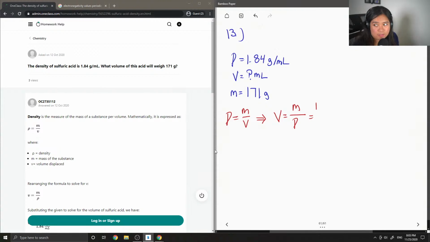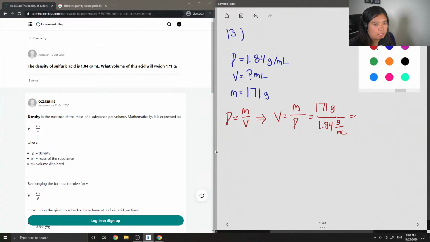This is equal to 171 grams divided by 1.84 grams per milliliter. And we know that we did the math right if our units for grams cancel out and our unit for milliliters remains.